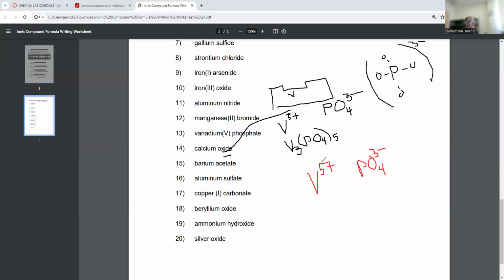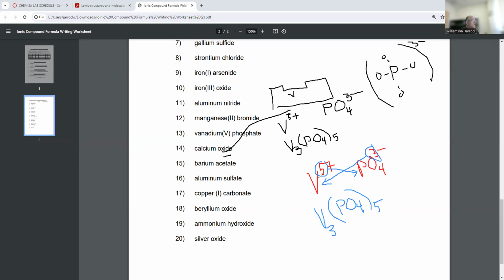This 5 tells you need 5 of the PO4s, and that 3 tells you need 3 of the vanadiums, and that's where you get V3(PO4)5. That's where you get your least common multiple stuff.